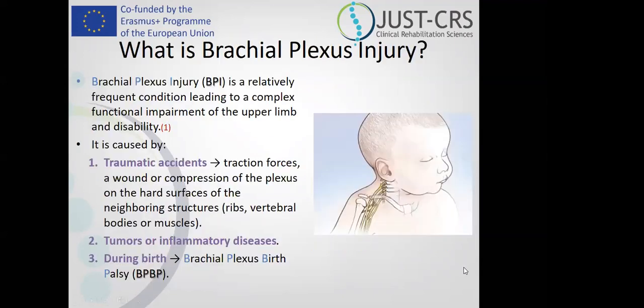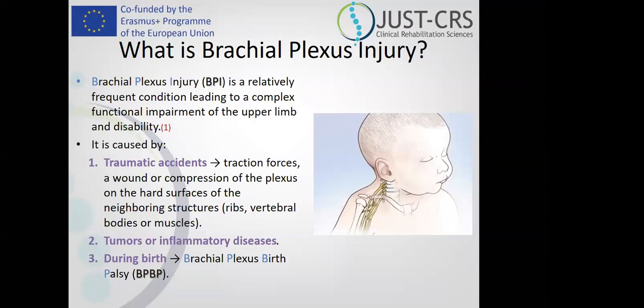Okay, so what is a brachial plexus injury? A brachial plexus injury is a relatively frequent condition leading to a complex functional impairment of the upper limb and disability. It can be caused by numerous causes, such as traumatic accidents, which include traction forces, a wound, or compression of the plexus on the hard surfaces of any neighboring structures, such as ribs, vertebral bodies, or even muscles.